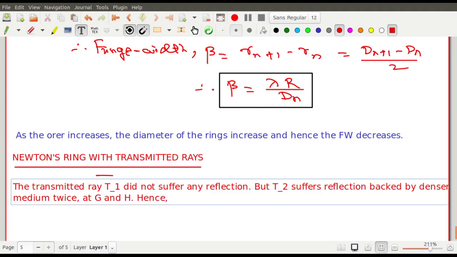Hence effectively there will be no extra phase change. So effectively there will be no phase change, since we know pi plus pi is equal to 2 pi, right?